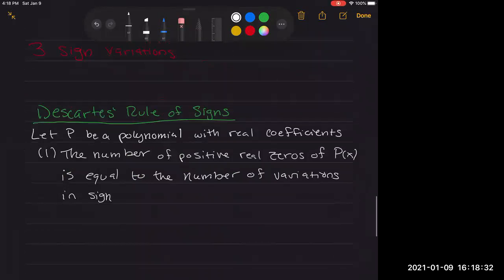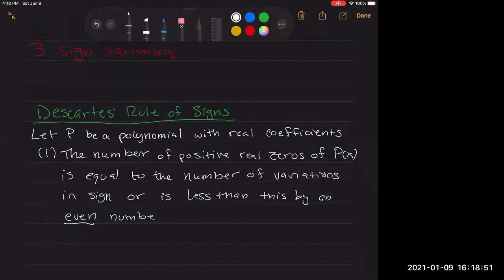So it's equal to 3 sign variations, or less than this by an even number. Okay, so this lets us know how many possible zeros we will have.